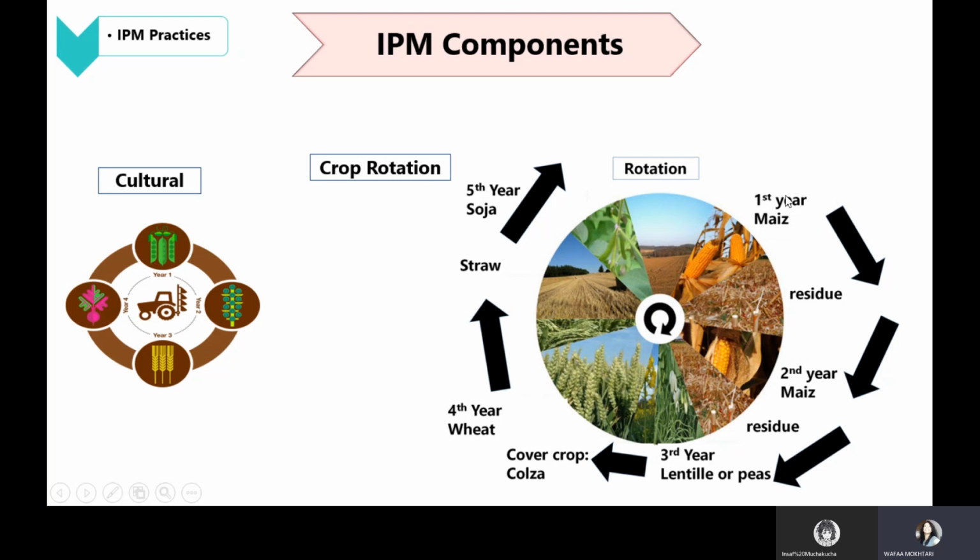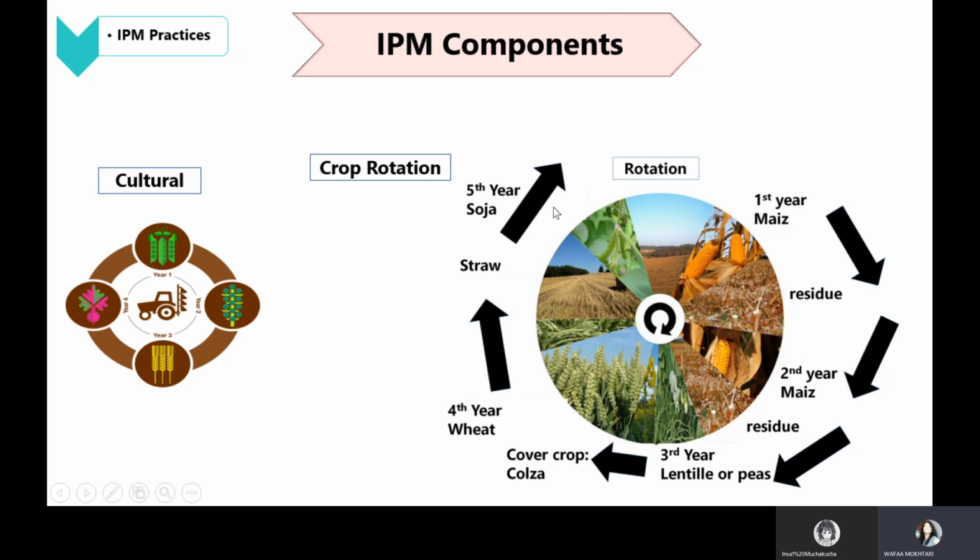In this way, after two or three years, if you got something bad in the maize, maybe you have those pathogens or pests that eat or attack the maize, if you start rotating, changing your crop from the maize to a legume, this pathogen or pest will not find the good crop that it used to eat, so it will not attack and it will go away.